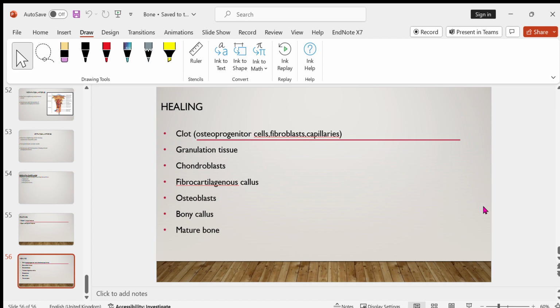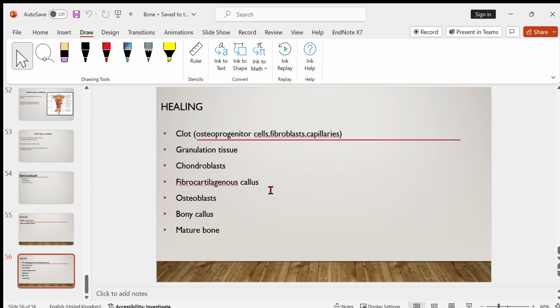Healing is a process in which once a bone is broken, it is healed. The process is that first of all, a clot is formed. In the clot, the osteoprogenitor cells, the fibroblasts and capillaries form. They lead to the formation of a fibrous structure or the granulation tissue. In the granulation tissue, the osteoprogenitor cells give rise to chondroblasts, which leads to the formation of a fibrocartilaginous callus.